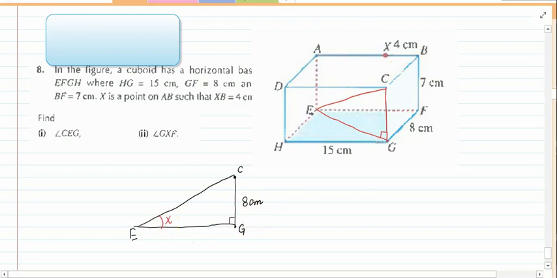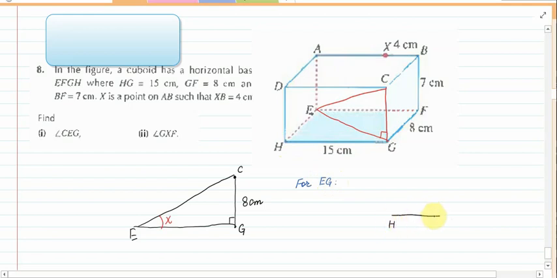For finding EG, I'm going to write down the heading so it will be easy for you. For EG, I'm going to consider the triangle HGF. If I plot the triangle separately, H is a point.